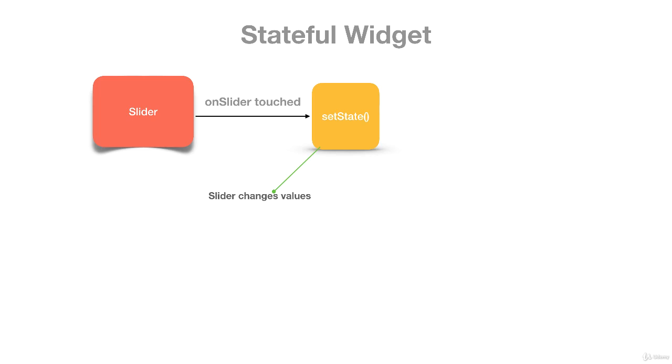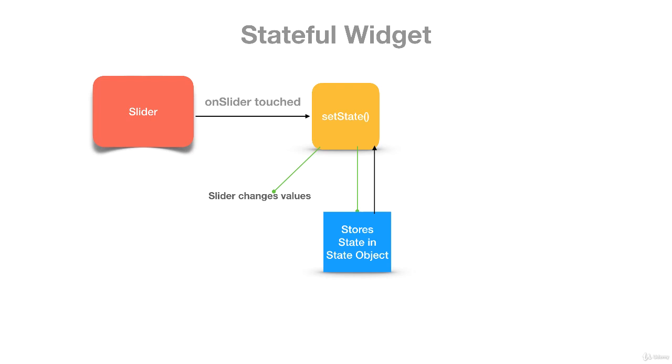Let's say if you're at 0, if you go to the right, it goes to 1 or 10 or 15 and so forth. So it's storing this current state as we move left or right on a slider. It's storing that state into a state object. So every stateful widget has this object called the state object, which all it does is store state.